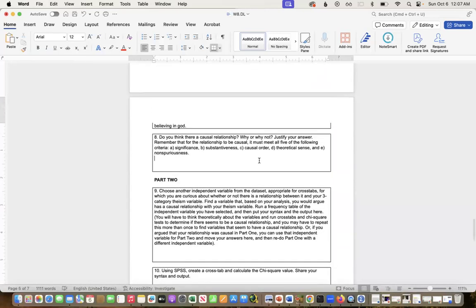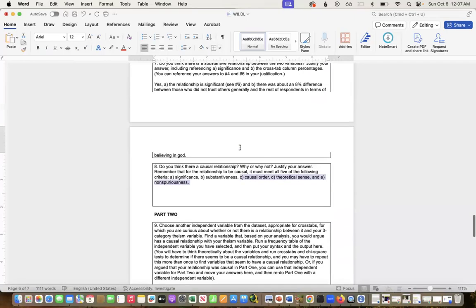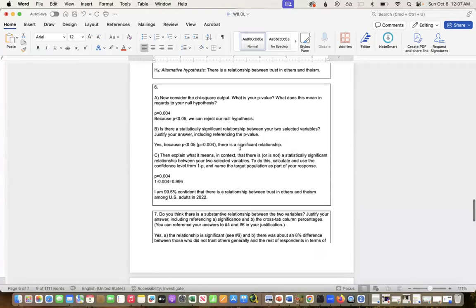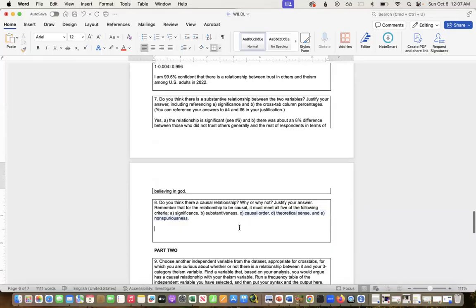Okay, finally, do I think it is a causal relationship? So it was significant. It was substantive. Let's think about the rest of this. So causal order.